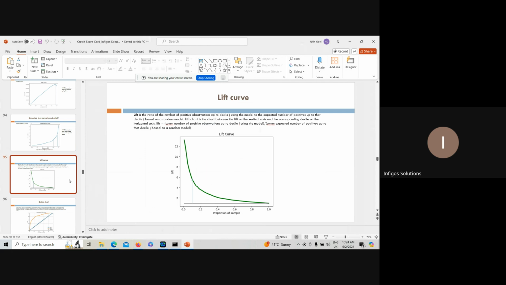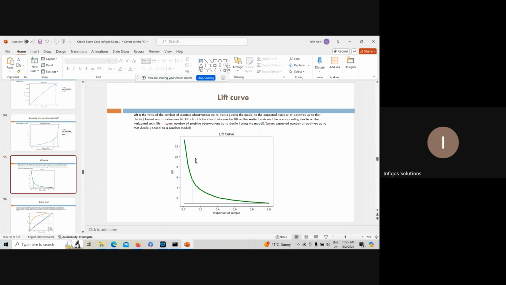So I talked about the lift chart. In the lift chart, at the first decile, you will see how much lift you got. That value of lift is your lift of the lift curve.